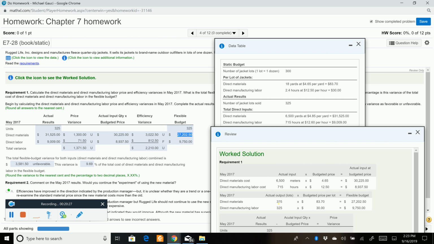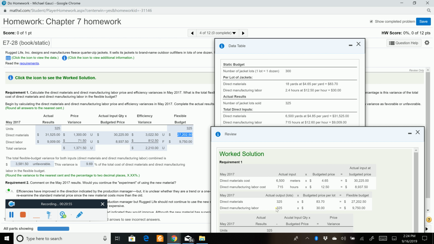Well, how did we do that? We're going to take our actual level of activity of 325 times the budget for the direct materials. If you recall, the budget was $83.70 per lot. So we should have spent $27,202.50 on the materials for this actual activity level, 325 lots.